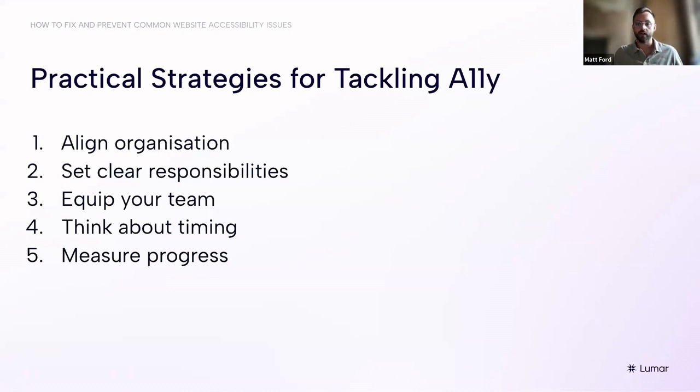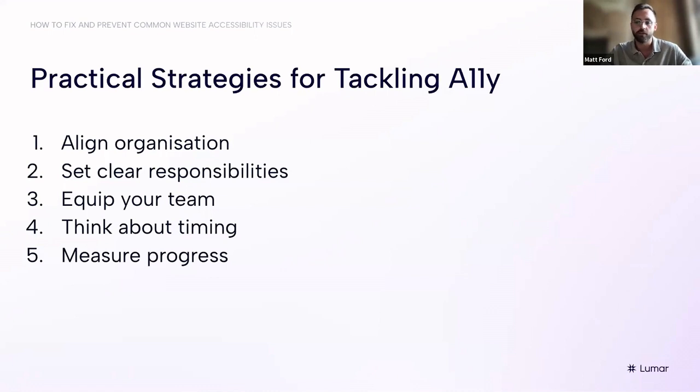So finally, measuring progress. So there's a lot of work that will come out of this, of starting to tackle your accessibility, and it will take time. So it's definitely worth tracking your progress over time, and not only to understand what progress you are making, but to present that internally so that the company can see where are you with your journey and how are you progressing towards that.